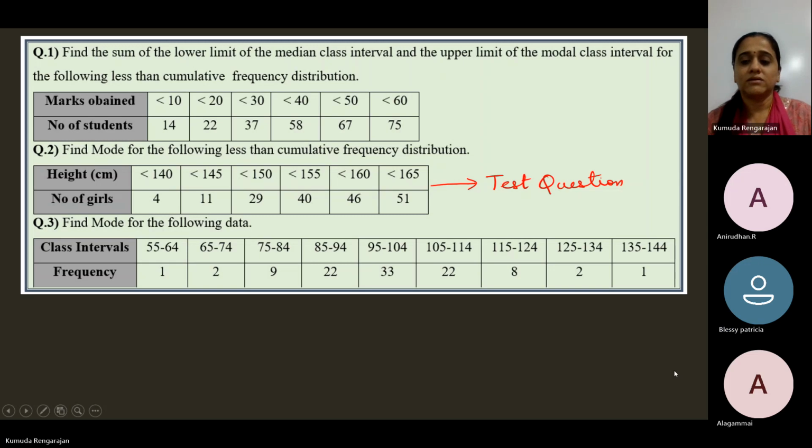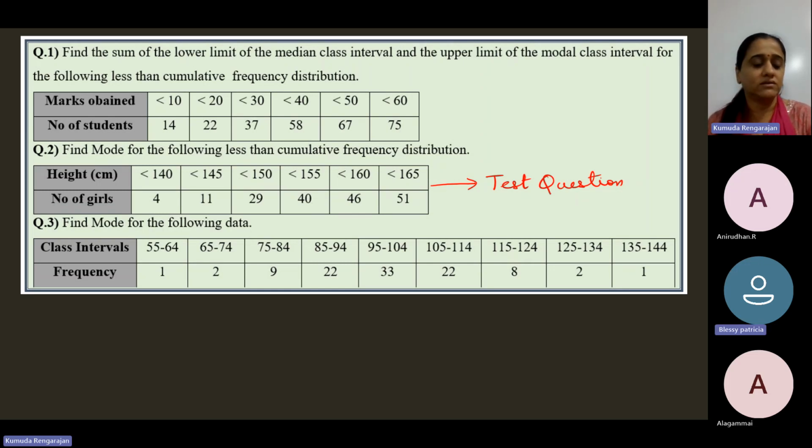Oh. Okay, read out your class intervals. Frequencies: 4, 7, 18, 11, 6, 5, 0. Okay, class intervals, correct. Frequencies are right. Class intervals? 135 to 140, 140 to 145, correct. Very good. Thank you, Blessy.